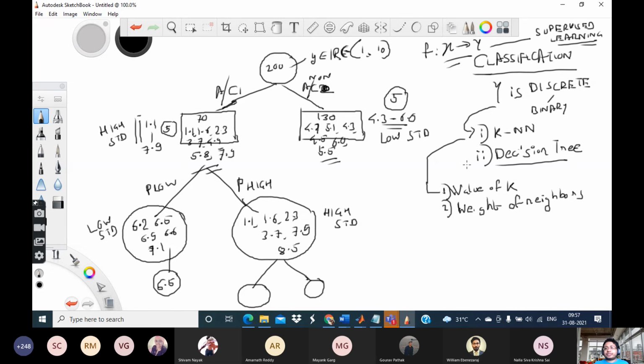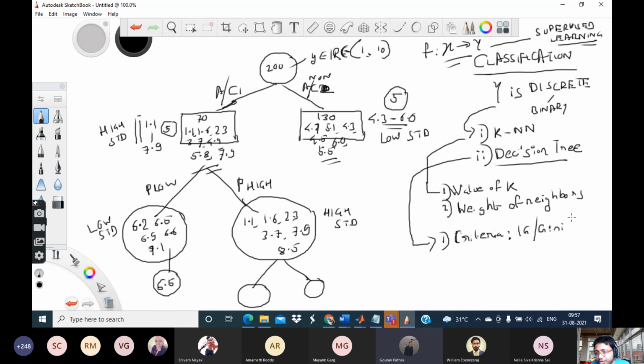In case of decision tree, what are the choices which we have to make? Finding the discriminating features, that is, what criteria to use. Should we go for information gain, or Gini index, or something else?